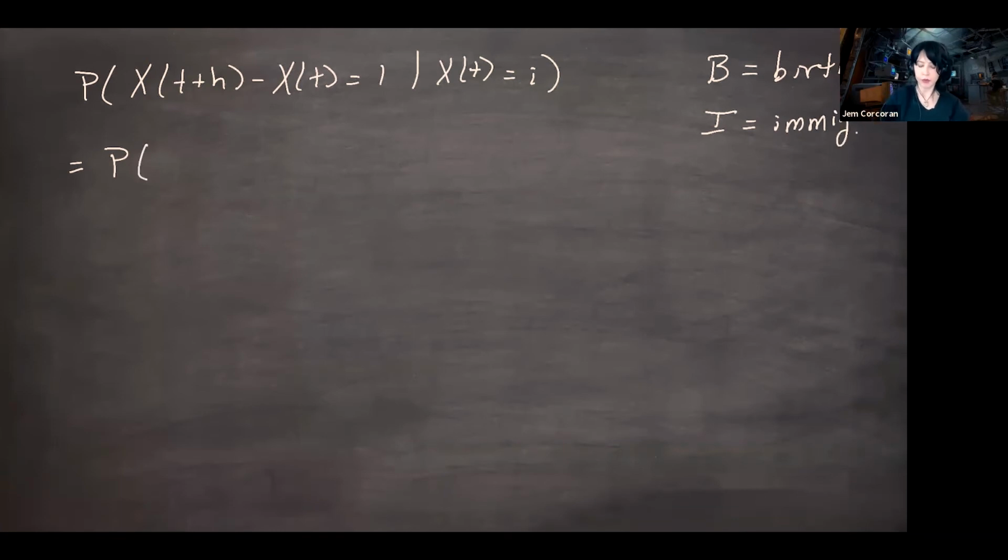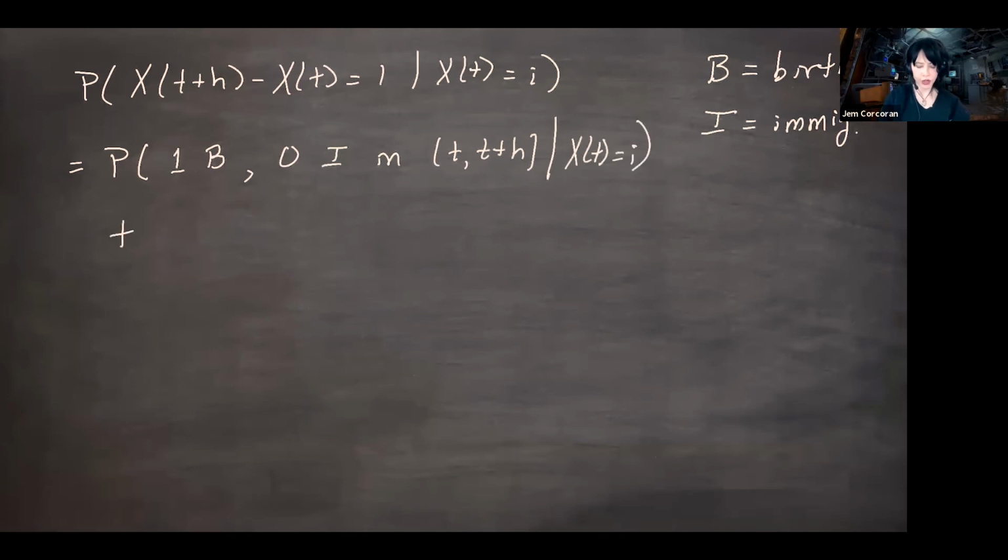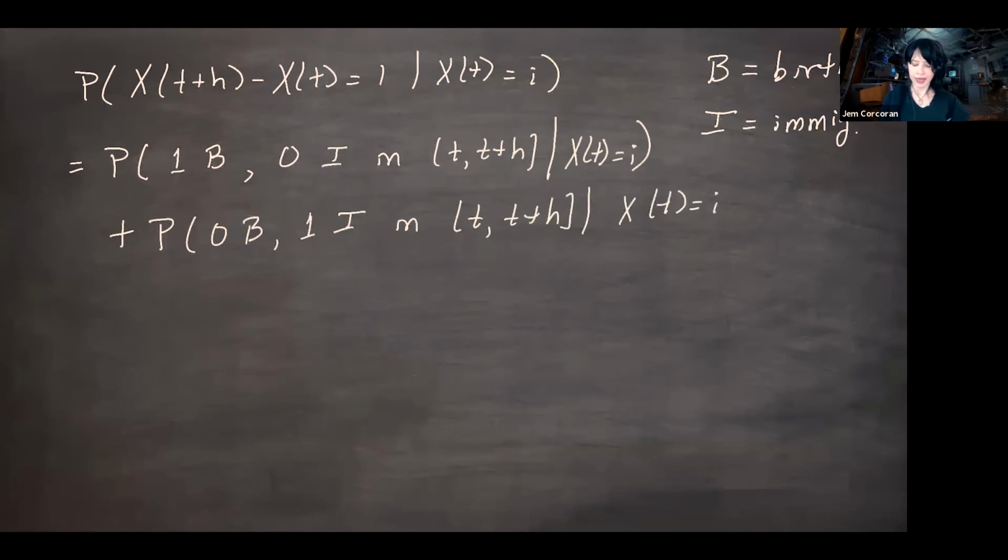So this is the probability of 1 birth and 0 immigrants in T to T plus H, given the current population size is I, or the disjoint event, the probability there are 0 births and 1 immigrant in T to T plus H, given the current population size is I. And I guess I don't have to be concerned with what I was just talking about here.